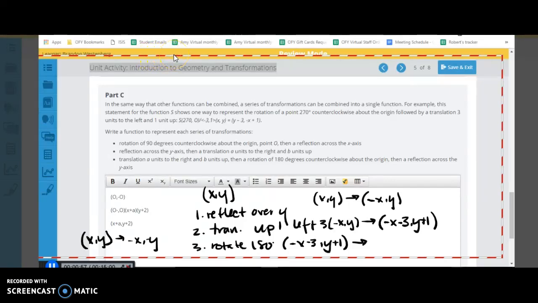So for this one, to change the x value to be negative, it's this whole thing: negative x minus 3 becomes positive x plus 3. We change the signs of both of those. Then we make the y negative as well, so both terms become negative: negative y minus 1. This is how we do it step by step, and that's what I want you to do for yours as well.